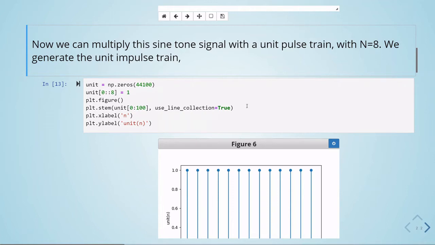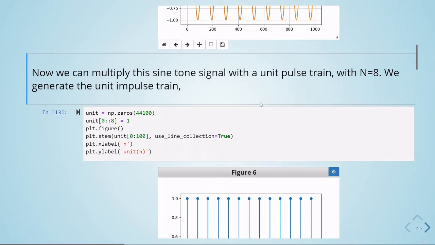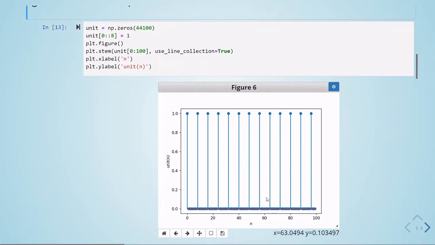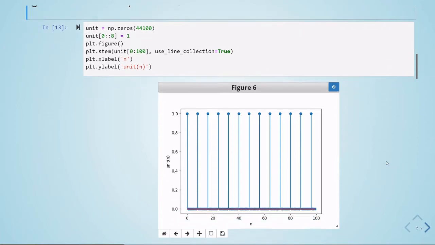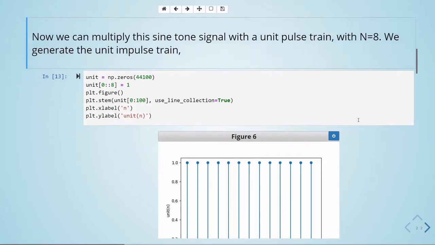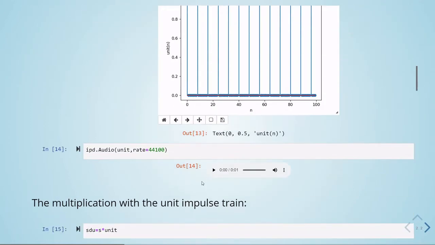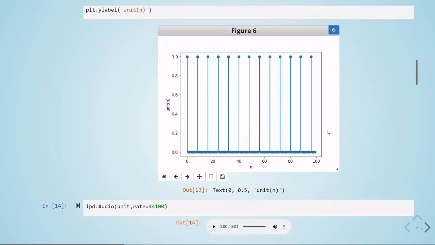So what we have here is this unit pulse train with zeros in between them: a 1, then zeros, then another 1, zeros.